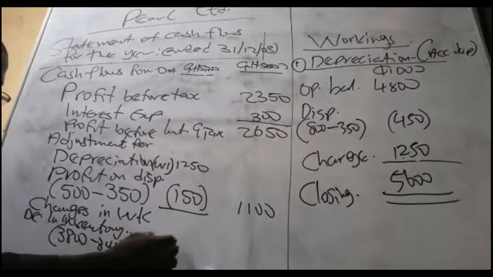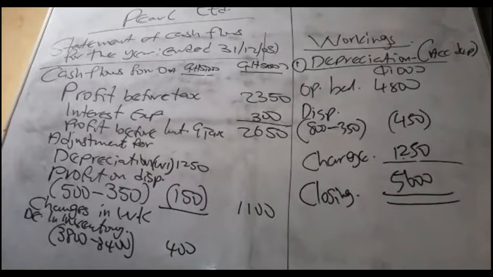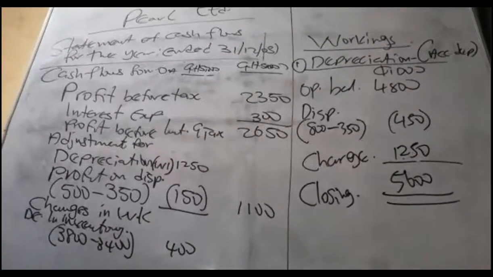Decrease in inventory is an inflow or outflow? So inventory has gone down. What is the implication? Have you received money? If inventory has gone down, we've received money. So money is in, and when money is in, we call it inflow. So it should be positive like this. We leave it positive.